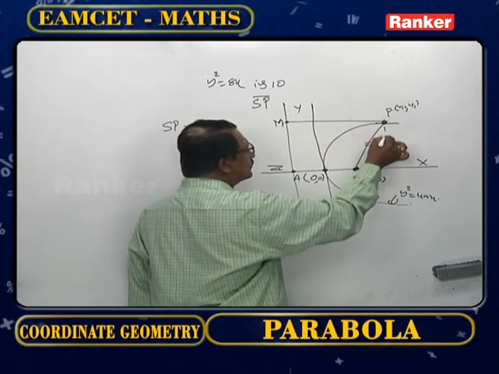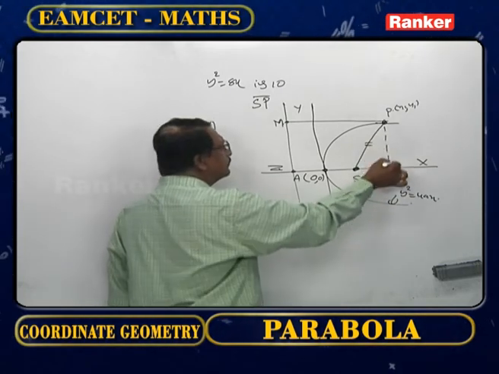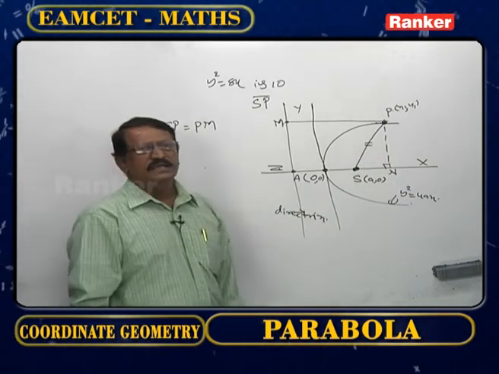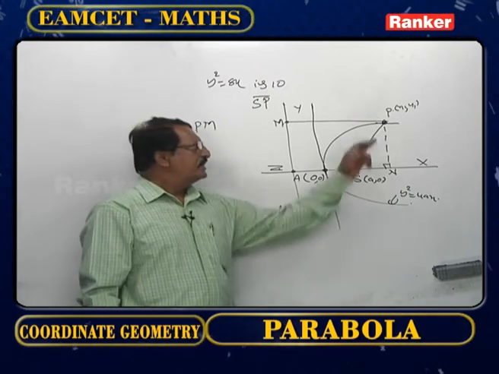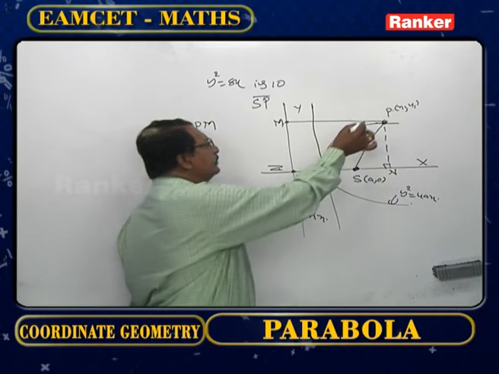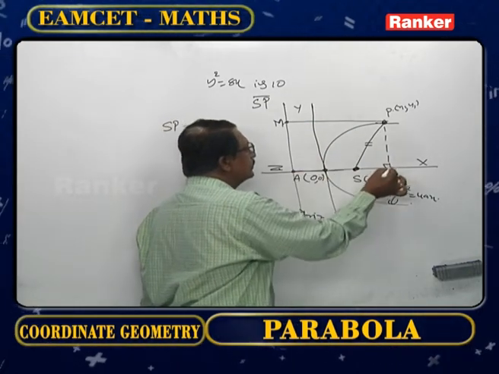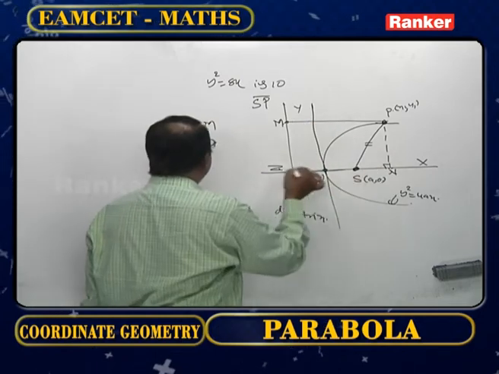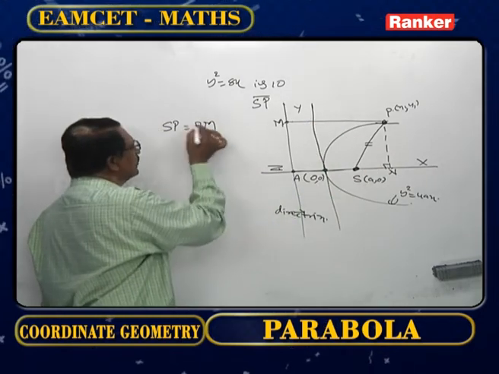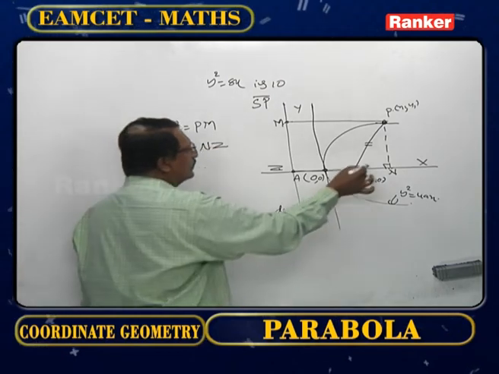Draw a perpendicular PN from P to the x-axis, the axis of the parabola. Now PM equals NZ, so SP equals NZ.